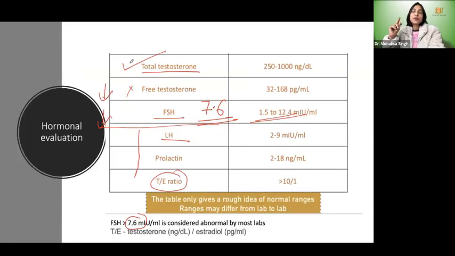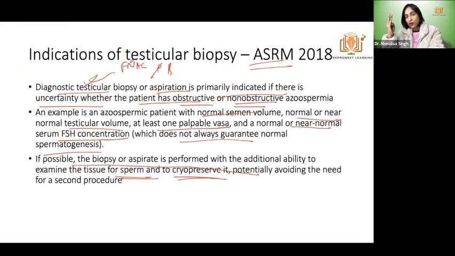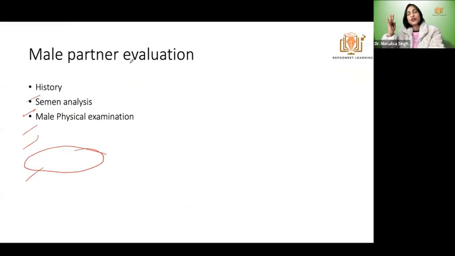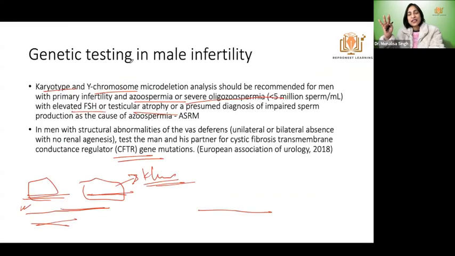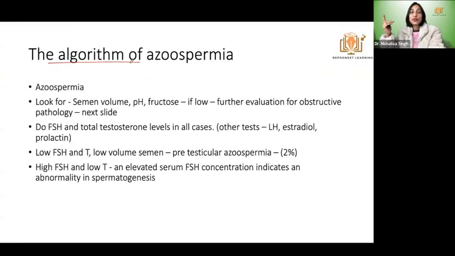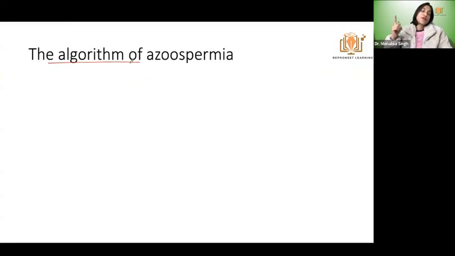So if there is azoospermia or oligospermia along with low semen volume, low fructose, and low pH, acidity is more, then you think of obstructive cause, you think of CBAVD, you think possibly that the seminal vesicles are not draining into the urethra.